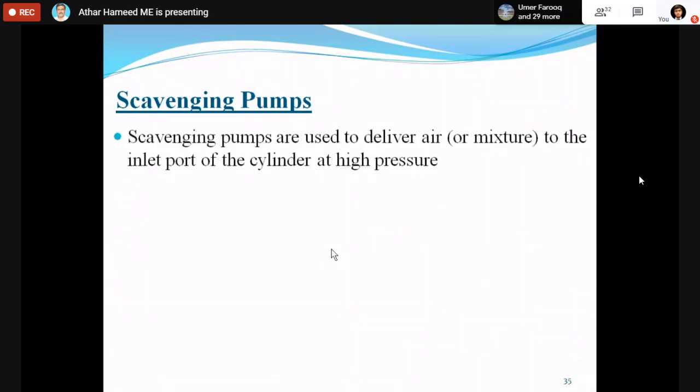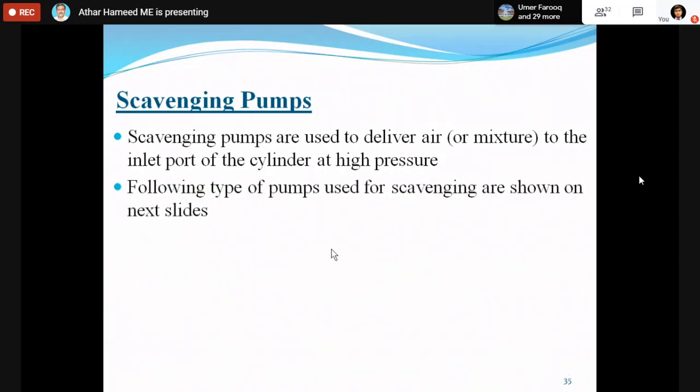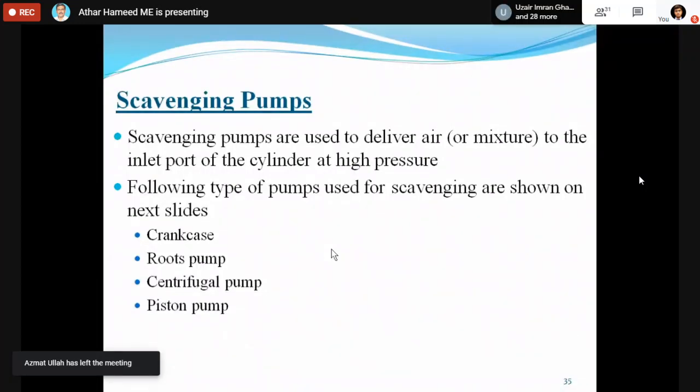The scavenging pumps are used to deliver air or mixture to the inlet port of the cylinder at high pressure. The following types of pumps used for scavenging are shown on the next slide: crankcase scavenging, a roots pump, a centrifugal pump, and a piston pump. Instead of going into detail of these pumps and their pumping efficiencies, I have kept it short, because it would take too much time and you have studied the pumps during your fluid mechanics course.